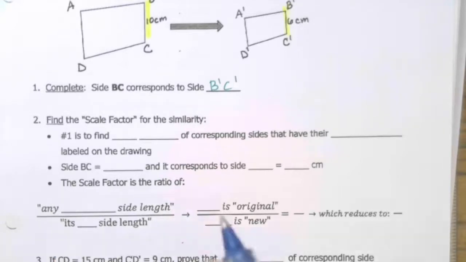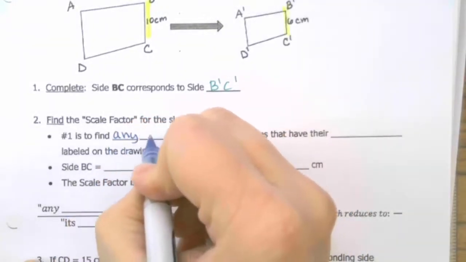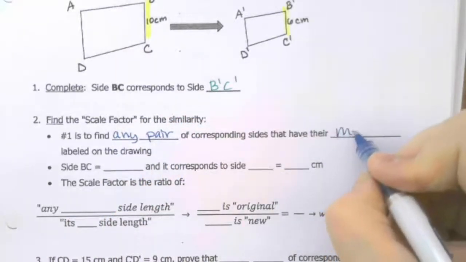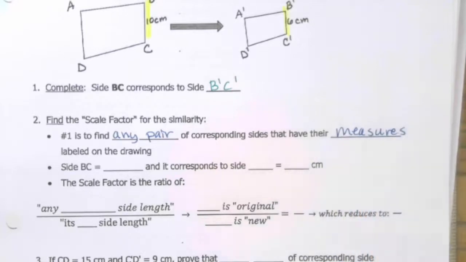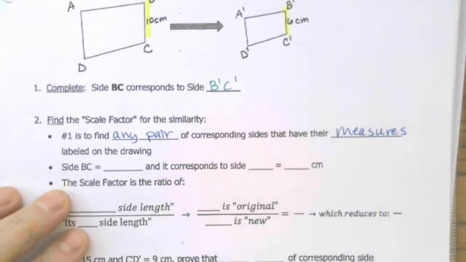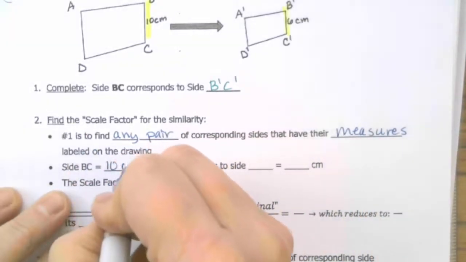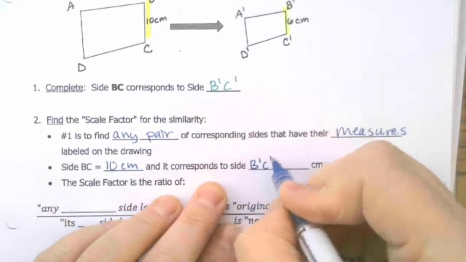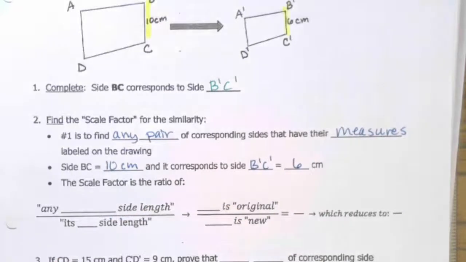Okay, find the scale factor for the similarity. Okay, so number one is to find any pair of corresponding sides that have their measures labeled on the drawing. So in the drawing, side BC is 10 centimeters, and it corresponds to side B prime, C prime, which is 6 centimeters. So we have old, we have new.